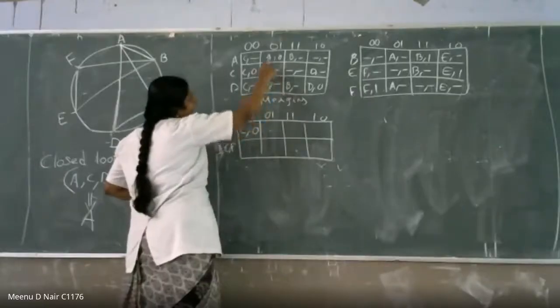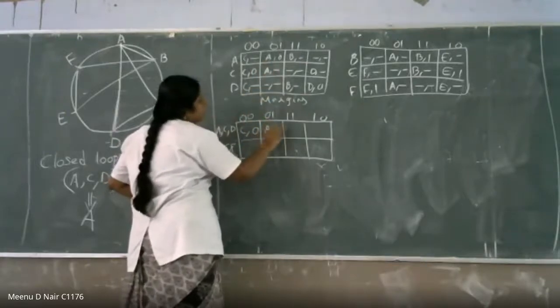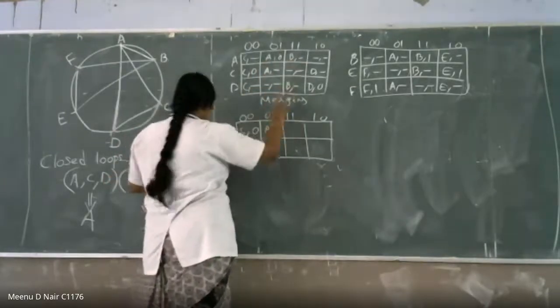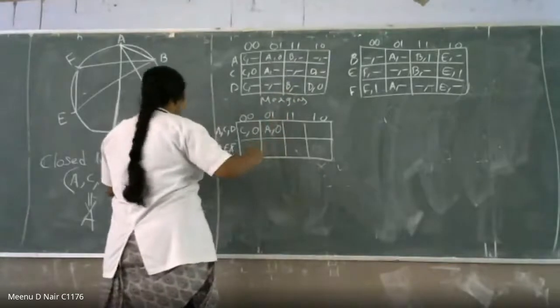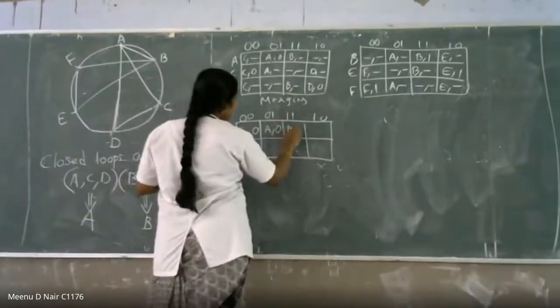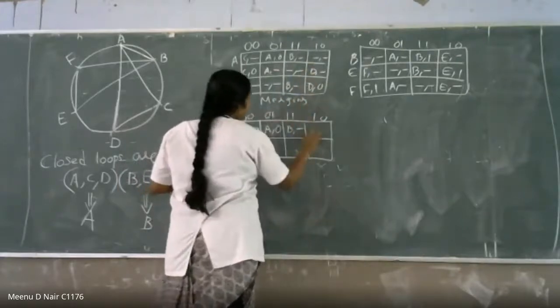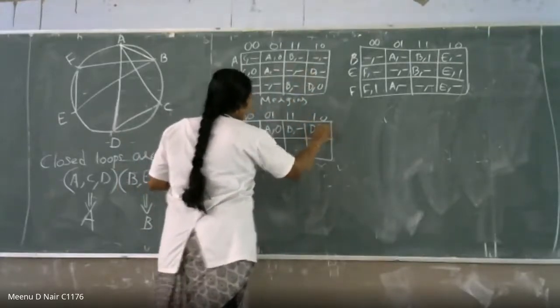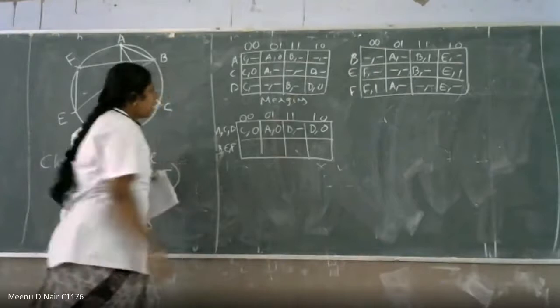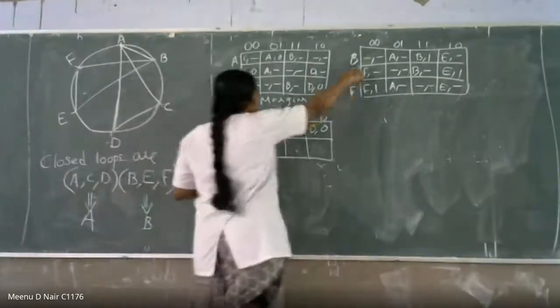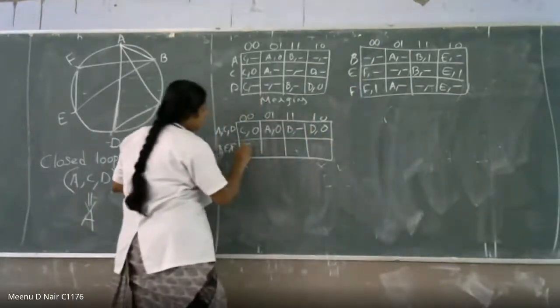So here you can combine together and write it as C, comma, 0. And here you can write it as A, comma, 0. Here you can write B, comma, dash, since it is not given. And here you can put D, comma, 0. Okay, D, comma, 0. And what about here? Here you can write F, comma, 1.